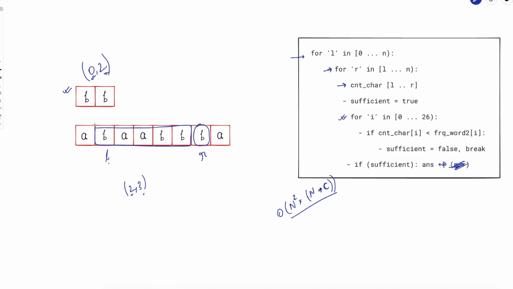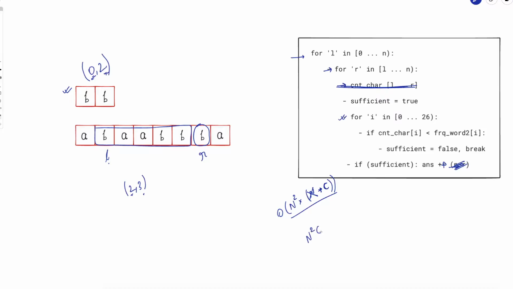So instead of counting everything starting from L to R, you can simply increment the counter for B, and that will help you get the total number of characters between L and R for each of the characters, right? So this you can simply replace by a simple plus plus operation on the current character. So overall complexity would not have n, and the complexity would be n square c, right?